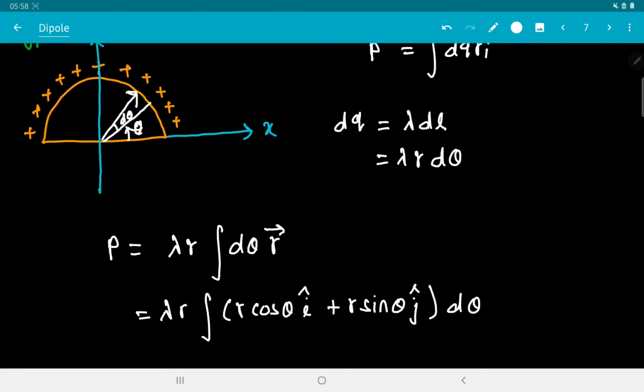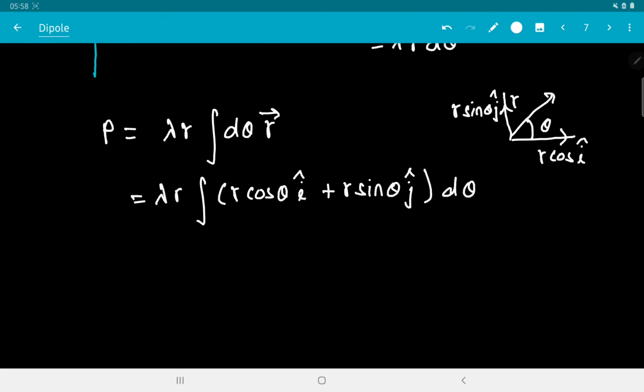I have taken this r vector and this theta angle and taken the components in x direction and in y direction. In x direction you will have r cos theta i cap, in y direction you will have r sin theta j cap. So now we can integrate this.